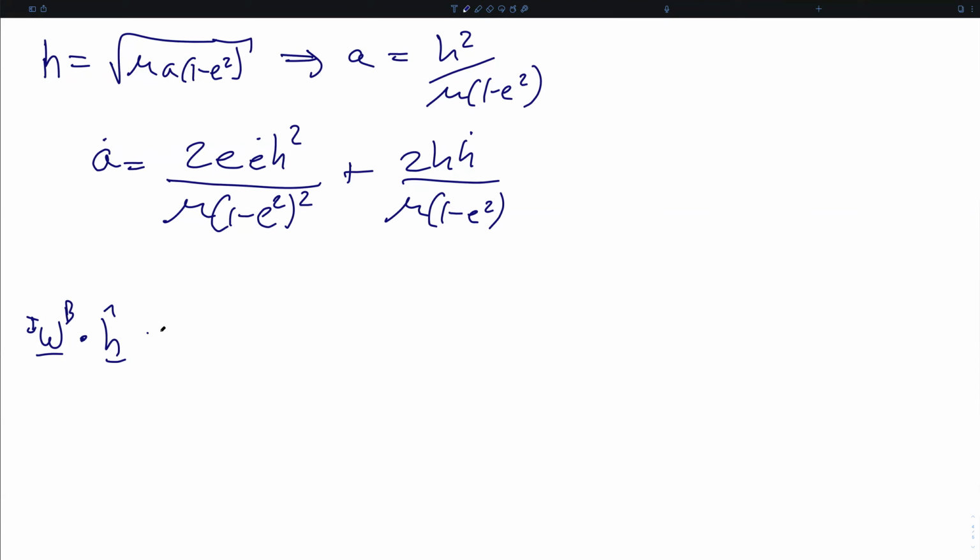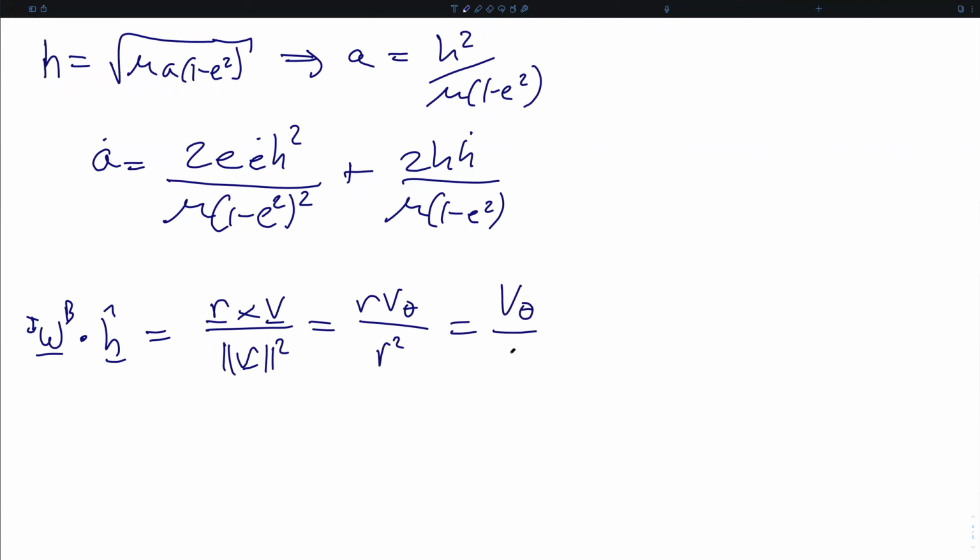And if you stare at the geometry of this, we can see that it will be given by the orbital radius crossed with the orbital velocity divided by the orbital radius squared, which in our body frame components boils down to r v theta, the e theta component of the velocity, over r squared, which is just v theta over r. The magnitude of the specific angular momentum is always given by r v theta. And you can check this by carrying out the cross product in the component form of r and v vectors.